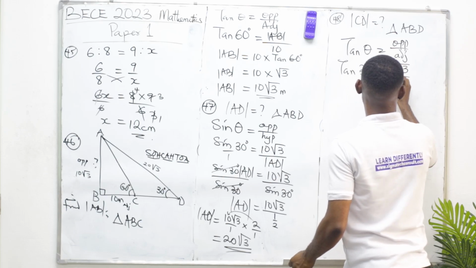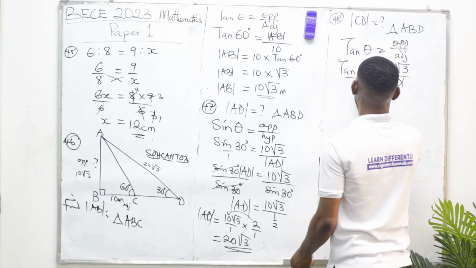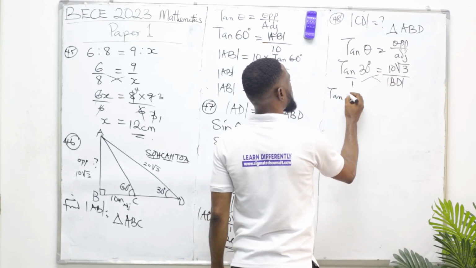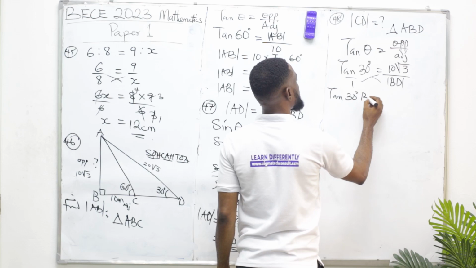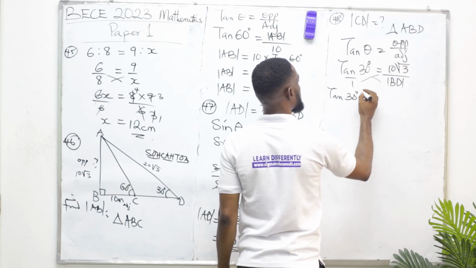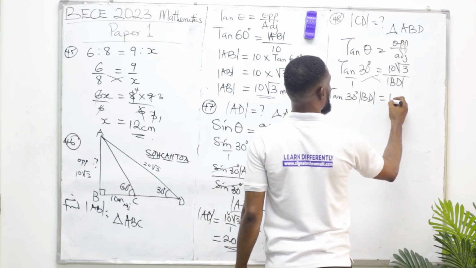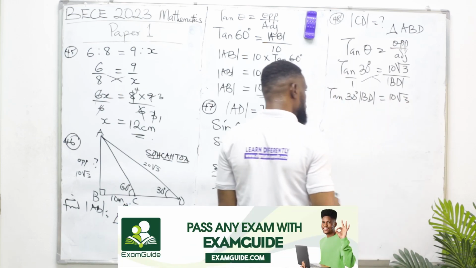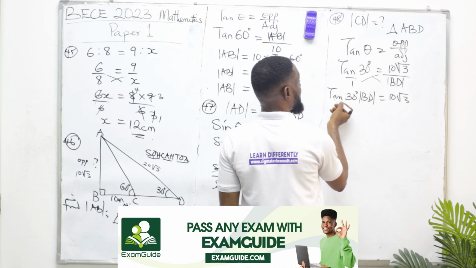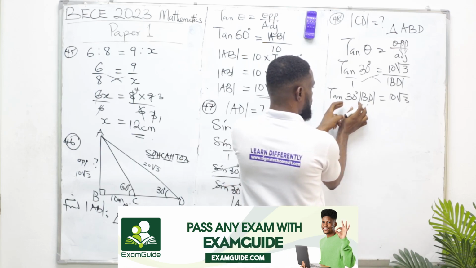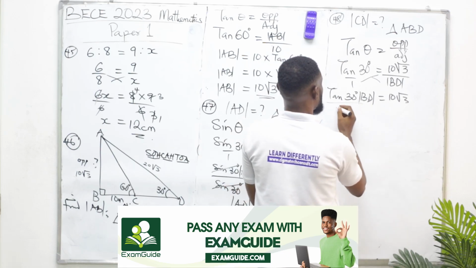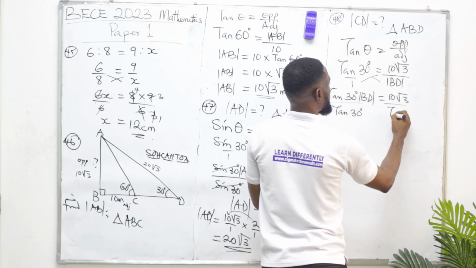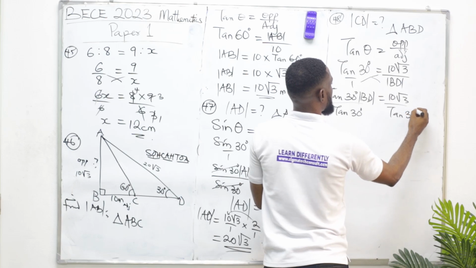So we can cross multiply: tan 30 degrees times BD is equal to 10 root 3. Is that okay now? So if we divide both sides by tan 30 degrees so that we can have just BD here, this is over tan 30 degrees over tan 30 degrees.